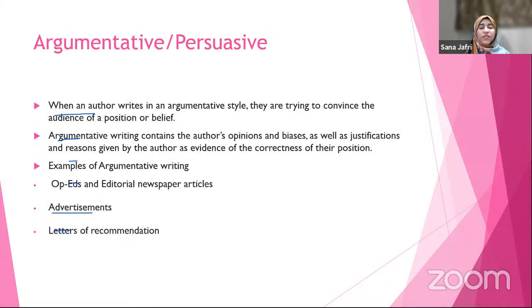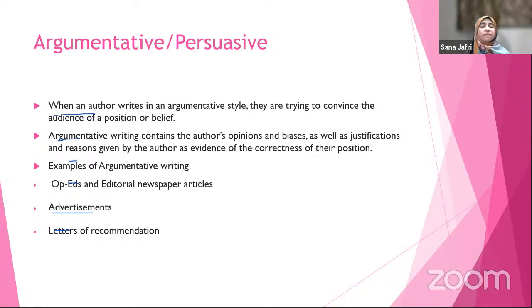Number one, the argumentative style or the persuasive style. You can even call it persuasive, but essentially it is called the argumentative style. What exactly is it? Here, the author presents a lot of arguments. Please understand the structure of such a passage.